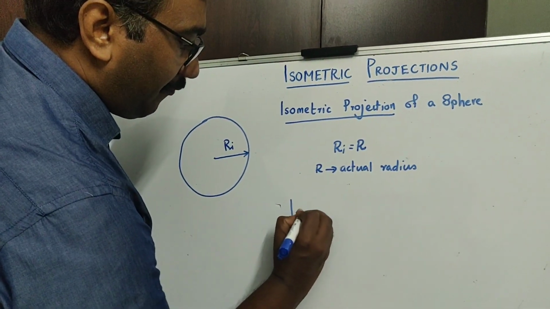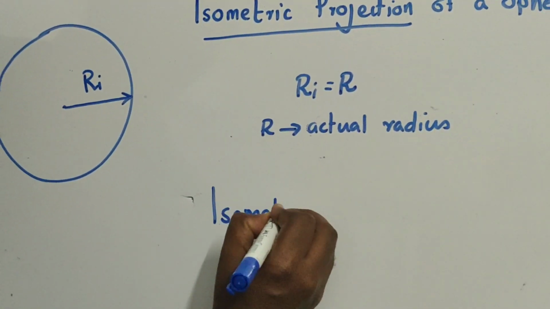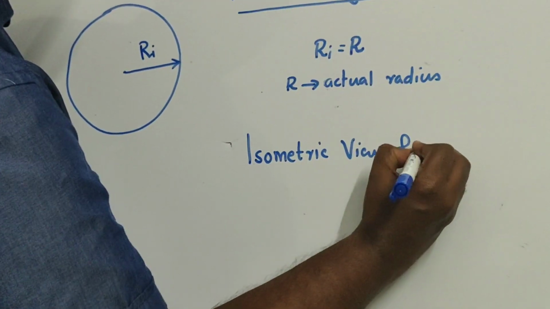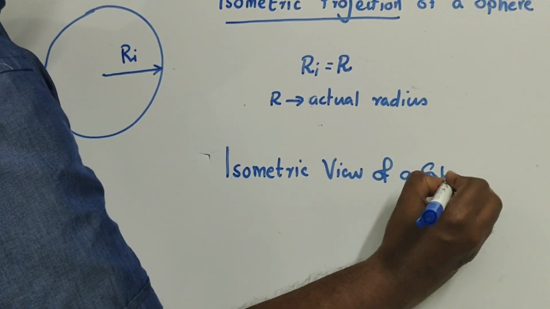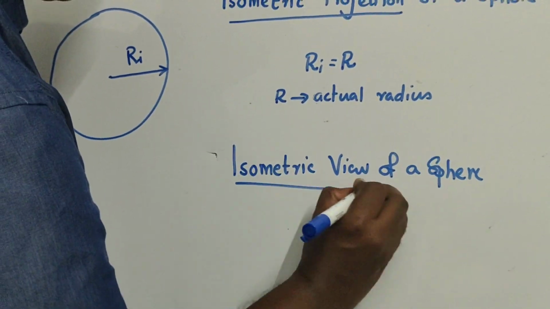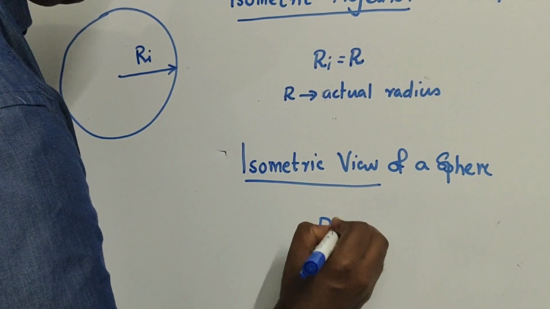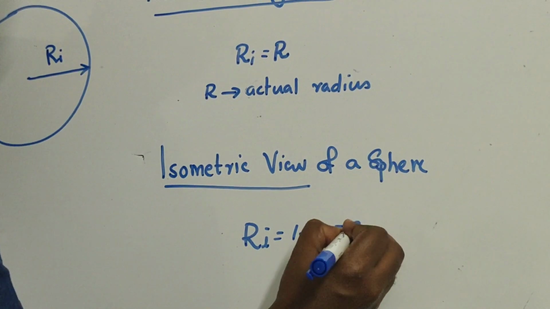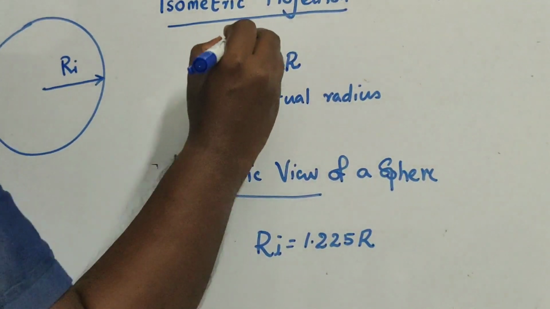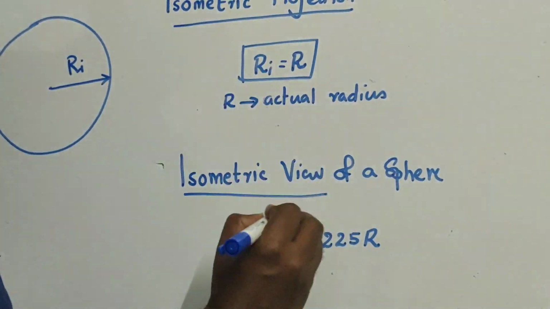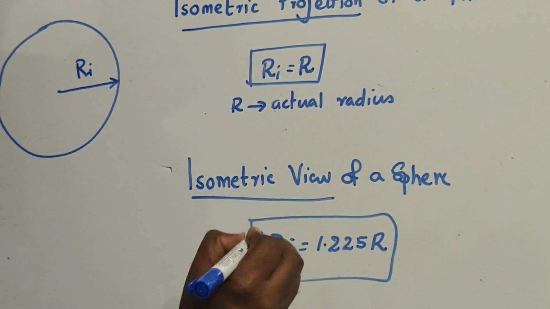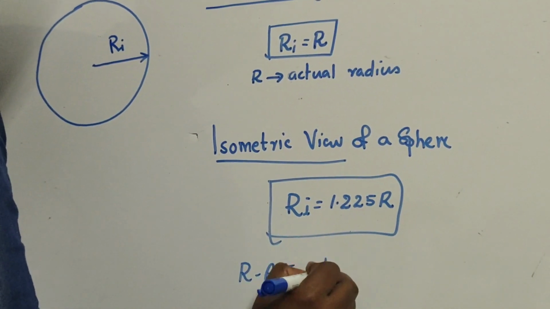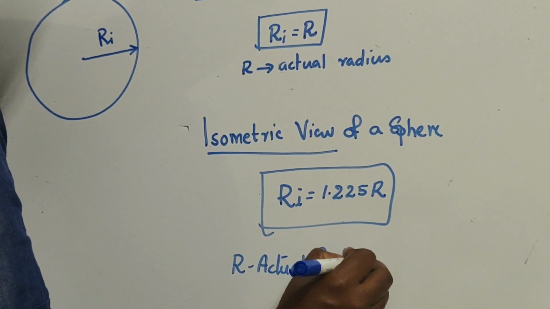Now, if it is isometric view, what will happen? Isometric view of a sphere: Ri is equal to 1.225 times R, where R is the actual radius.